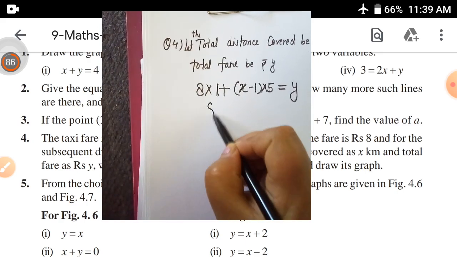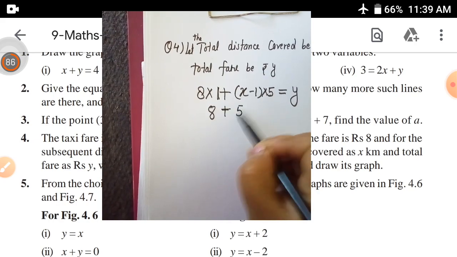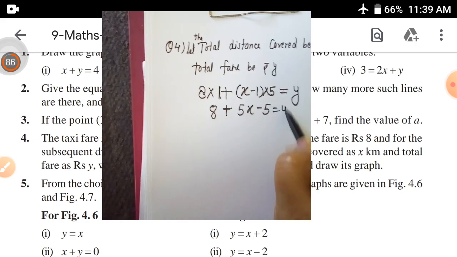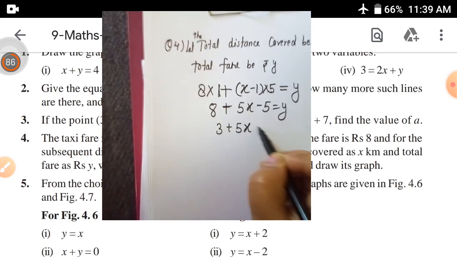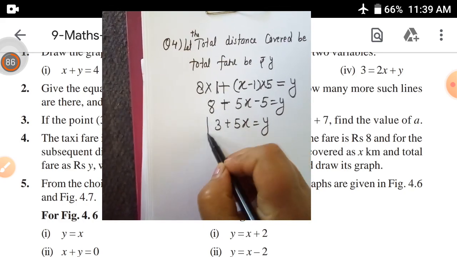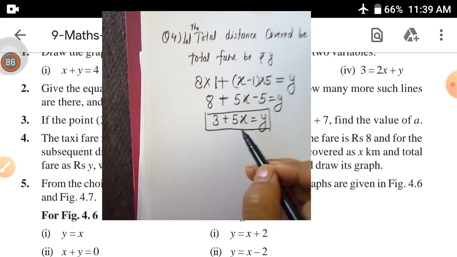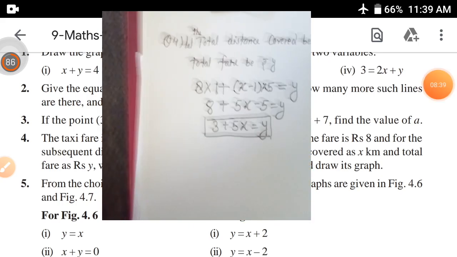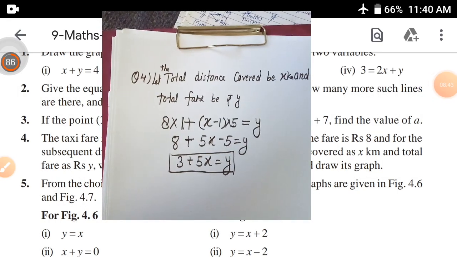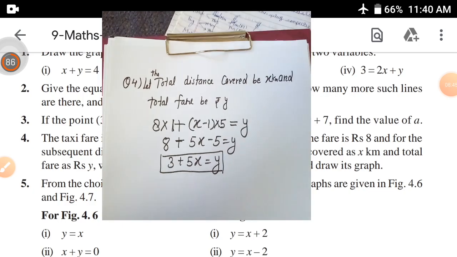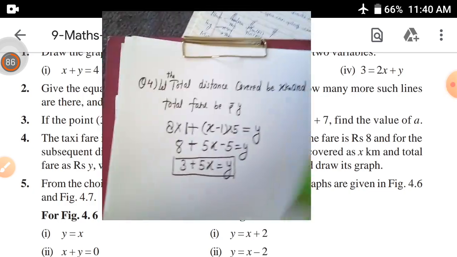Now we will solve it. 8 plus 5x minus 5 equals y. Then 3 plus 5x equals y. So you can see that there is again an equation with x and y, and we have to plot it on the graph paper. Now for drawing the graph, again you will make the Cartesian system like that, but I'm not going to draw this because it will take more time.